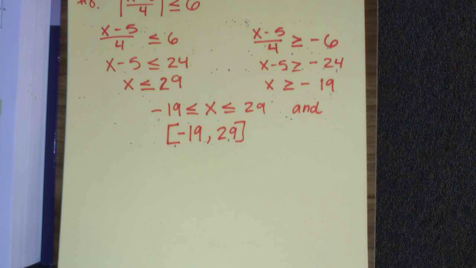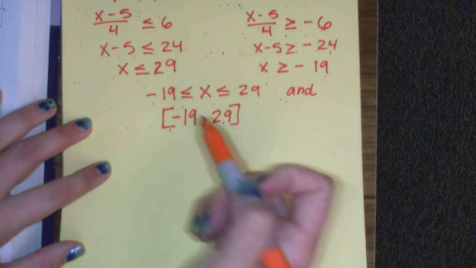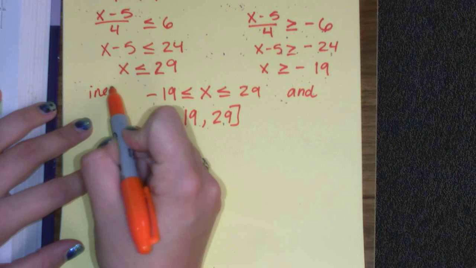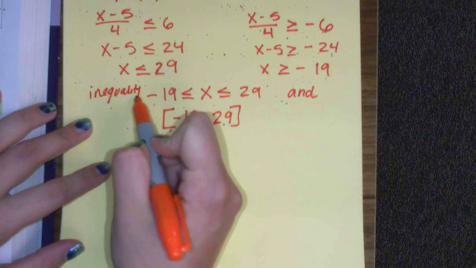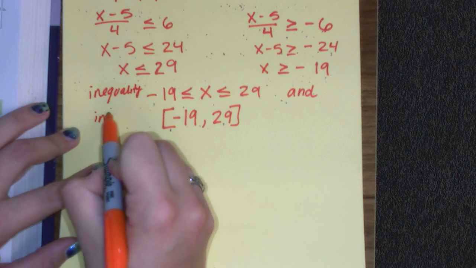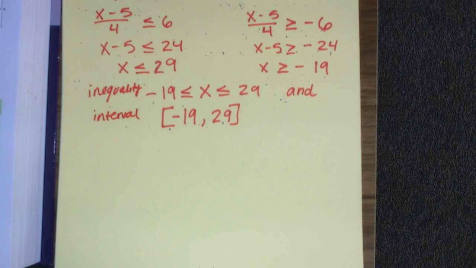I am very strict about if I tell you interval notation, it needs to be written in interval notation. If I say inequality notation, it needs to be written in inequality notation. So this is the inequality notation. This is interval notation. Pretty much all of these are asking you to do them in interval notation.